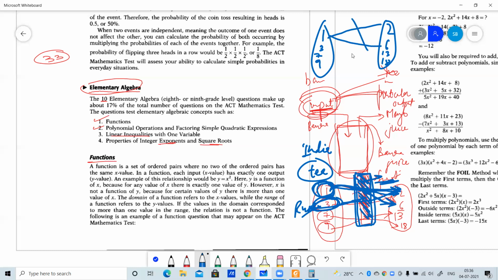But in functions, it is possible that for 2 inputs, you can get 1 output. For 3 inputs, you can get 1 output. For Indian tea, when I make it in the machine, you'll still get the tea, that is maybe 2. And for 3, which is the American or Russian tea, you are still getting 2.